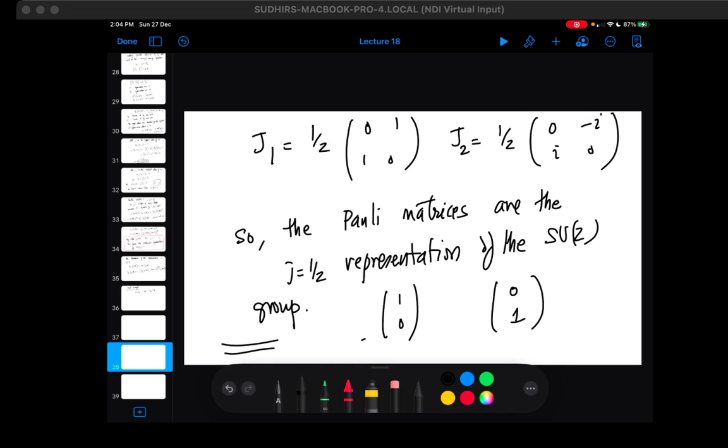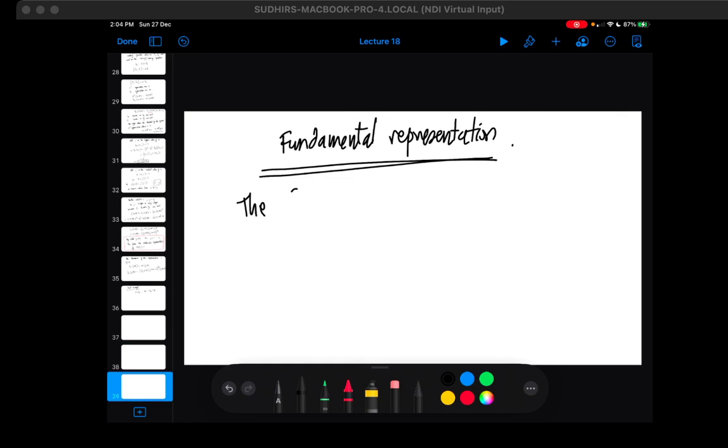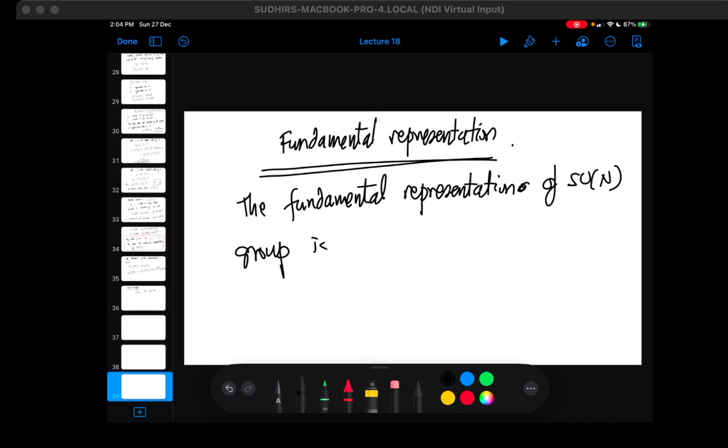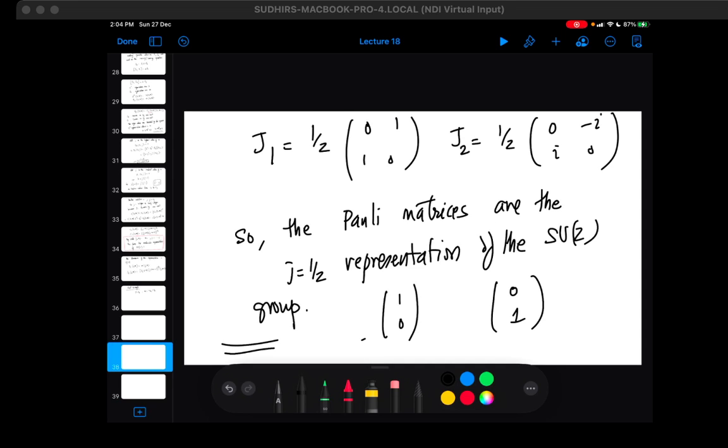So the fundamental representation of the generators of the SU(N) group is n dimensional. Essentially, it is an n by n matrix. So for the SU2 group, the generators are 2 by 2 matrices, so they form the fundamental representation.